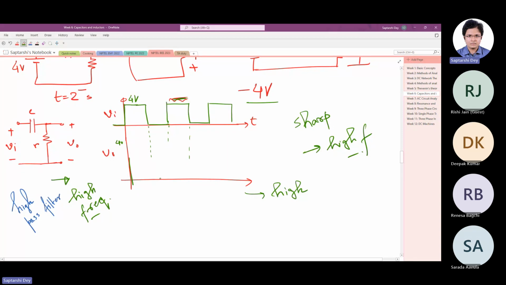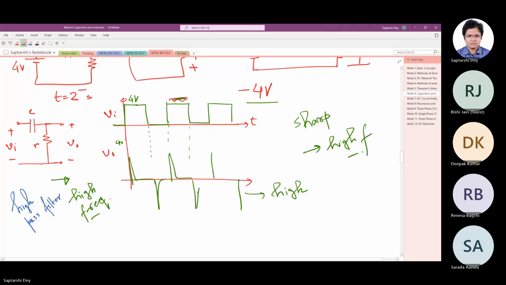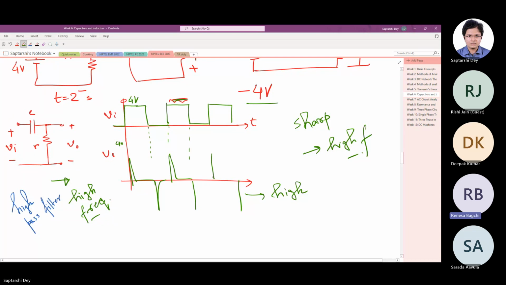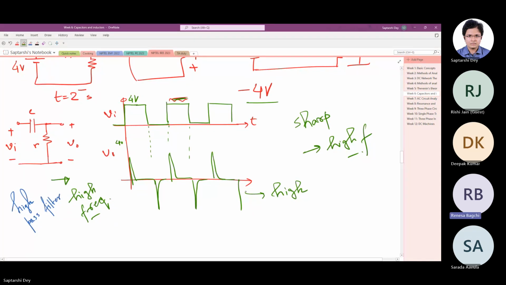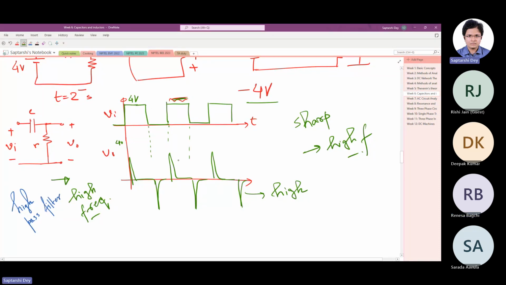Spike here, spike here, spike here, and dies down. What will be the values for the same? Values of what? The graph, how the values come. The peak will be something like this. Anyway, I cannot draw like this. So only high frequencies come out of it.